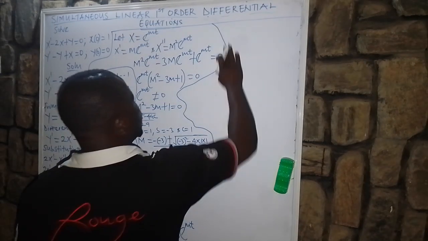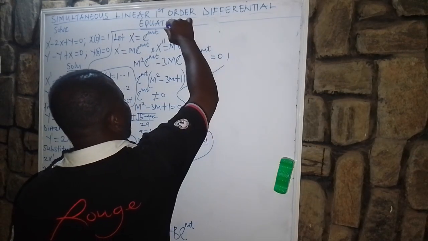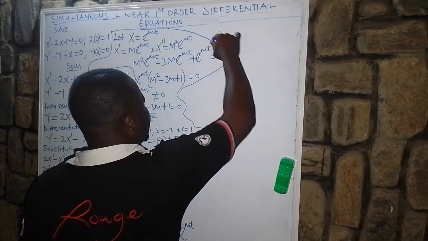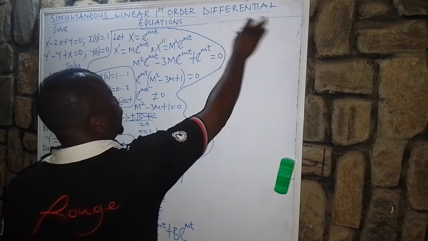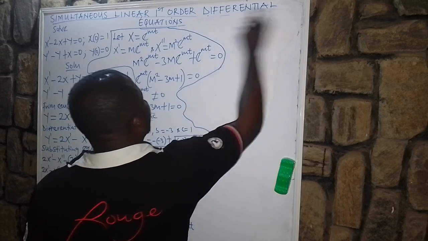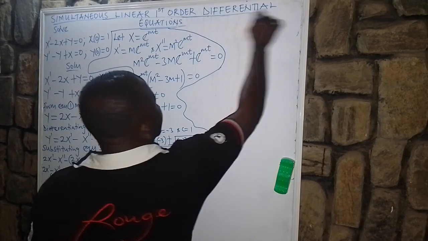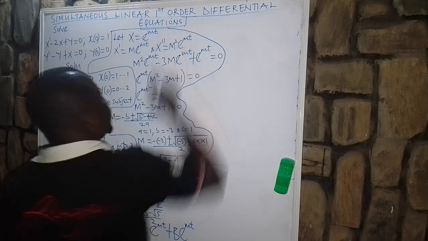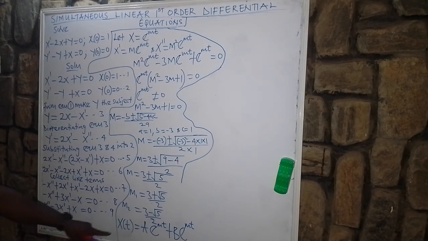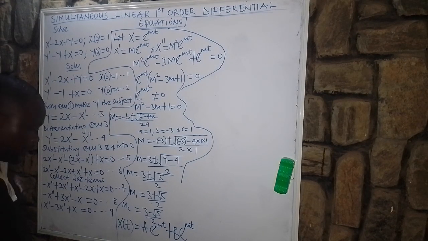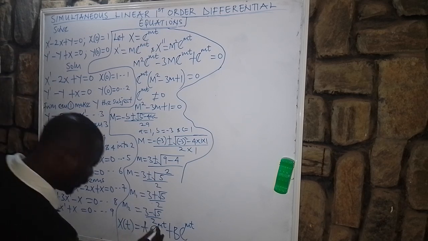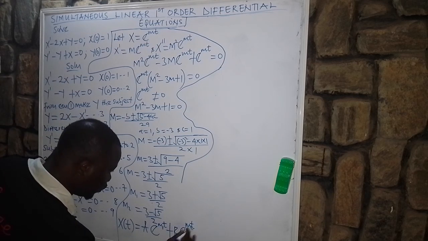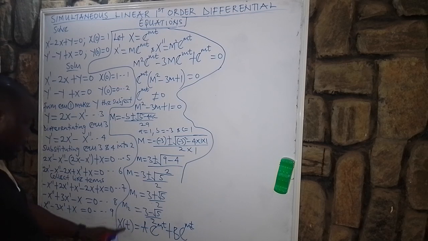So far so good. Our x of t, our m1, this is m1, this is m2.